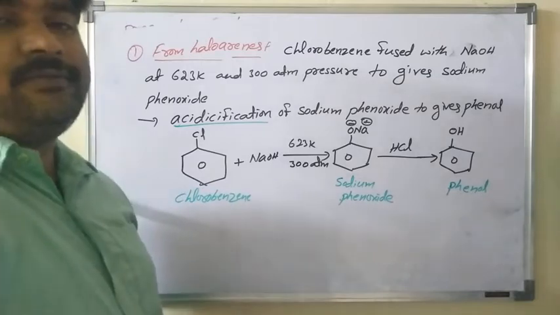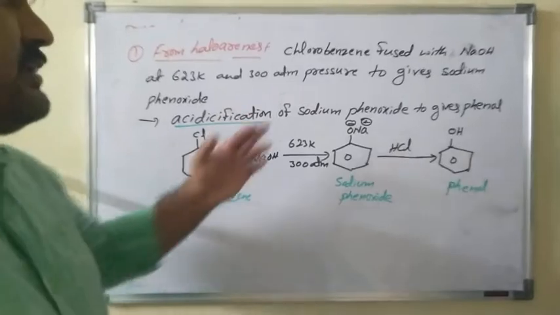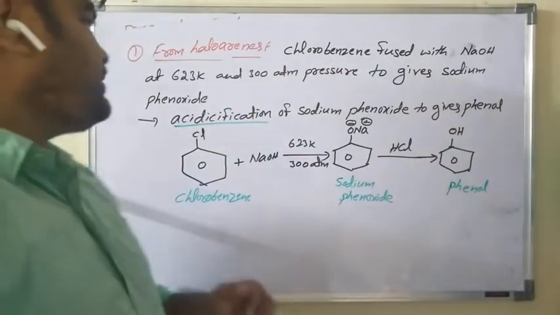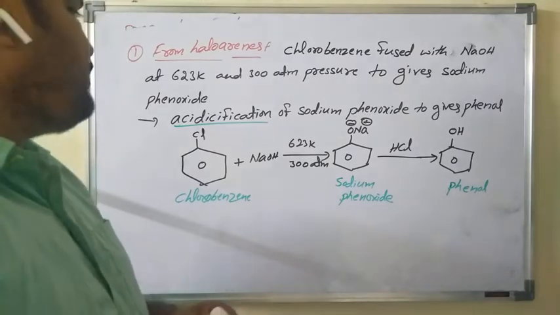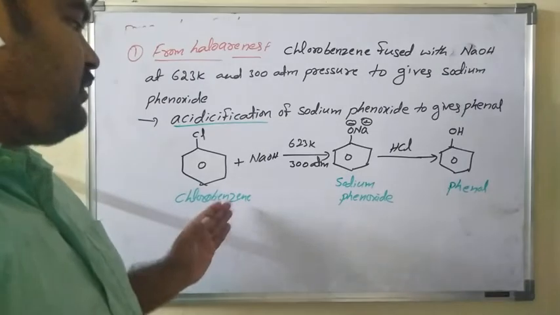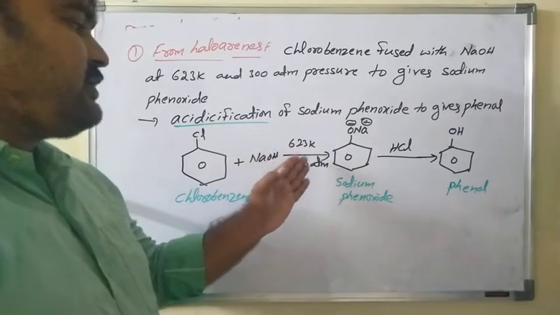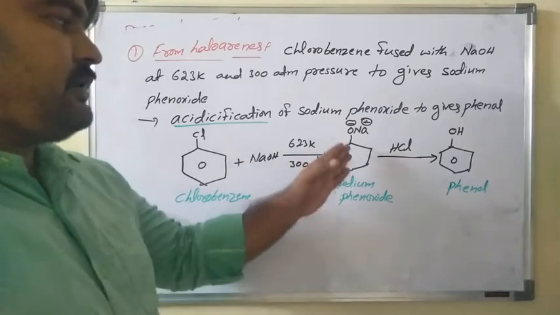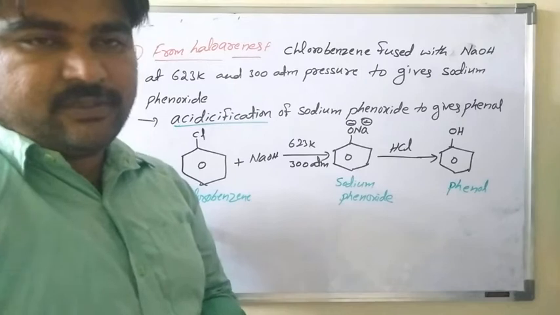This is a laboratory preparation method. Chlorobenzene reacts with NaOH at 623 Kelvin, 300 atmosphere pressure, giving sodium phenoxide, and then with HCl gives phenol. So this is the first preparation method.